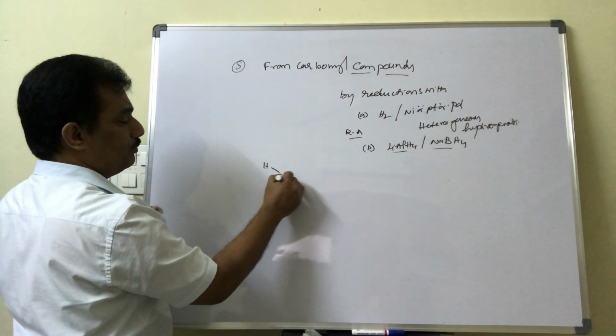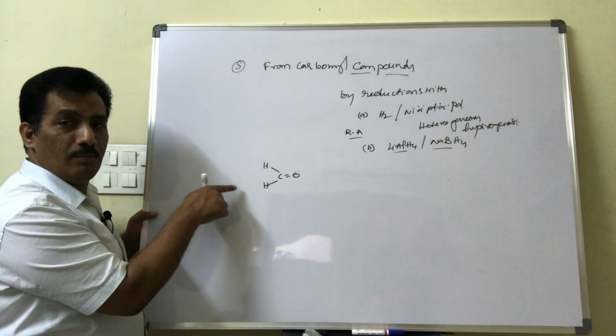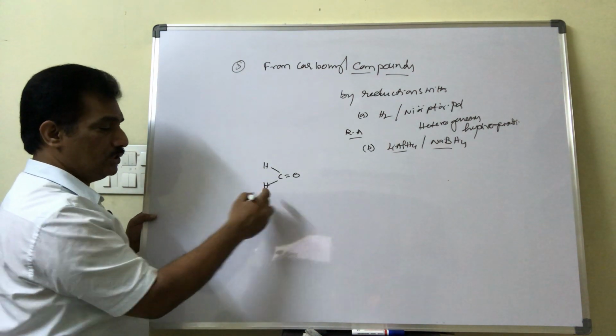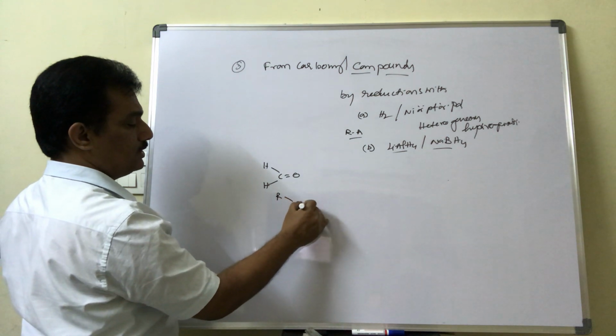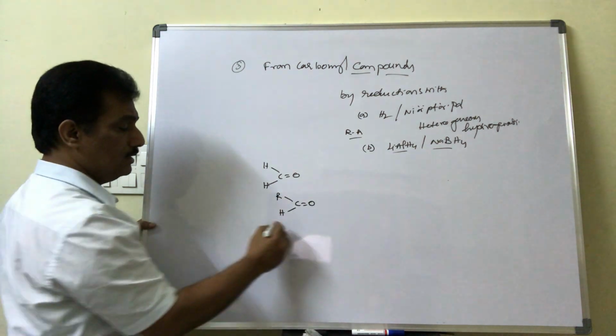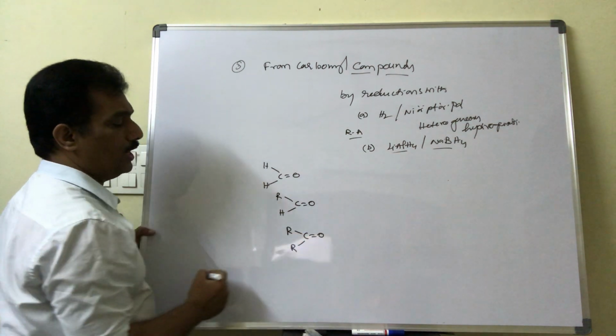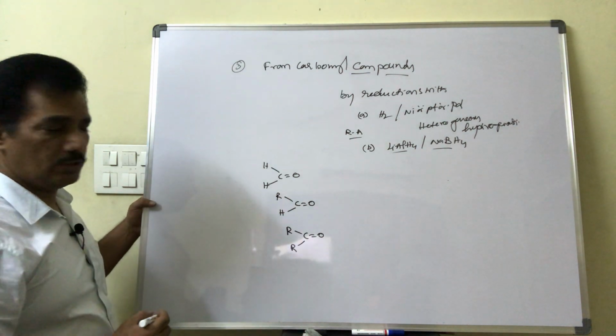it is of three kinds. That is formaldehyde, where both the two valencies of carbon are bonded with hydrogen, and then the other one is aldehyde other than formaldehyde, and the next one is ketone, where the two valencies of carbon are bonded with alkyl groups. Clear?